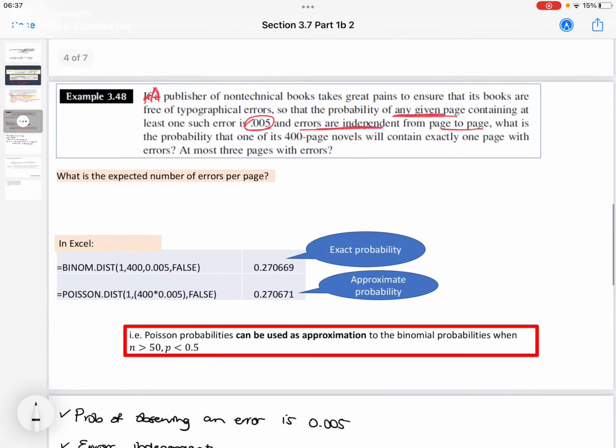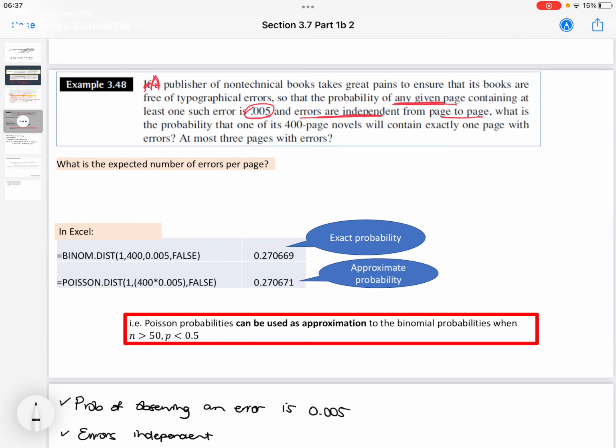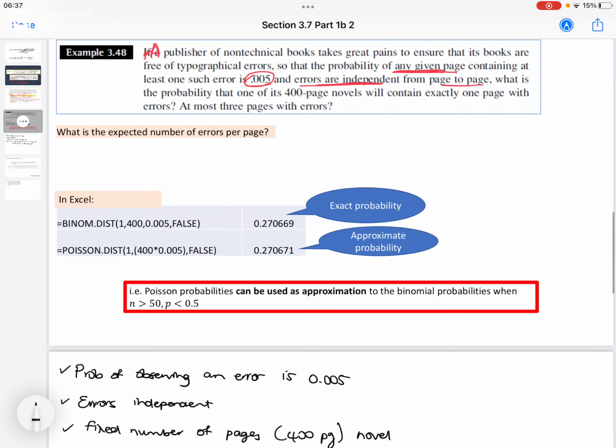Firstly, before we calculate the probability that exactly one page will contain errors, let us look at the expected number of errors per page. This is equal to the number of pages in this novel, 400, multiplied by the probability of an error, 0.005, and that is equal to 2.